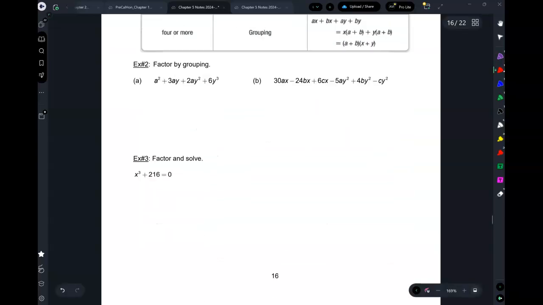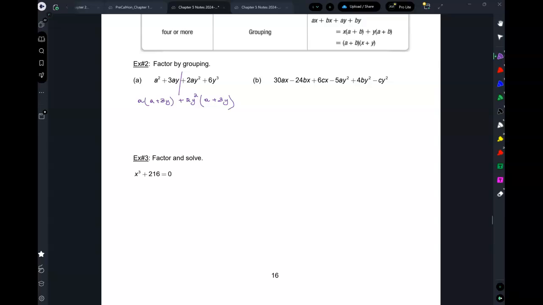So take a look at this one. These we can definitely factor by grouping. The way I like to do this is split it down the middle. So from the left side, what can I factor out? And I get a plus 3y. From here, what can I factor out? Plus 2y squared. So what do I have? A plus how much? 3y.